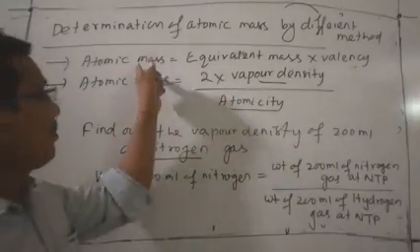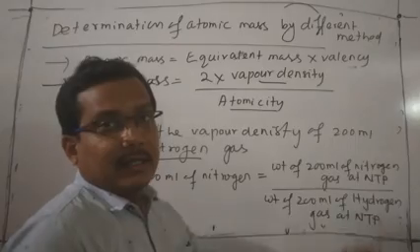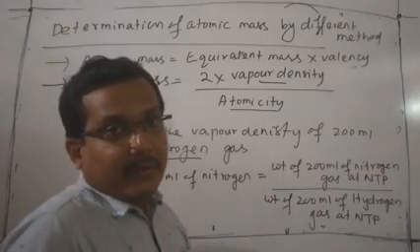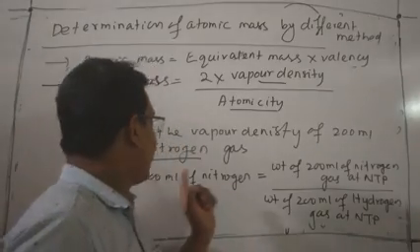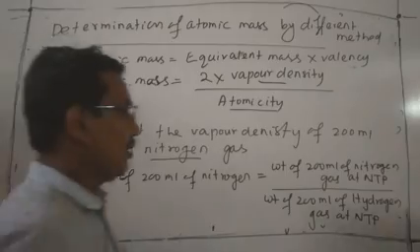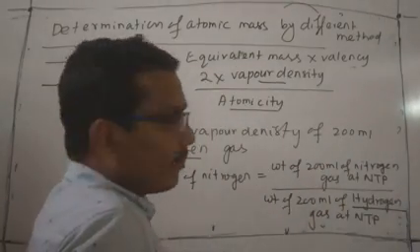Remember, for atomic mass calculation we generally relate to 1/12 of the mass of an oxygen atom. Like that, for calculation of vapor density, we generally link to the mass of a hydrogen atom.